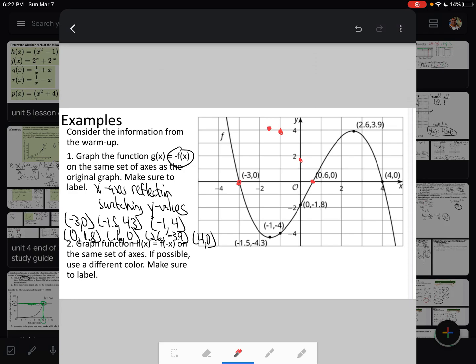Then I have 2.6, which is about here, and then negative 3.9, so this point's going to be about here. And then 4, 0. So if I sketch that, it's going to look something like this.